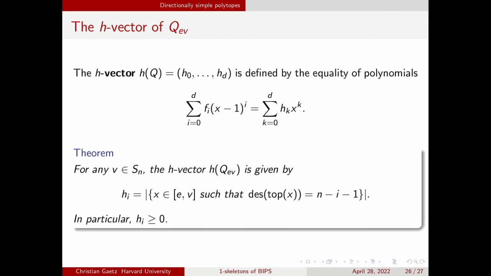And it's well known that the h vector of the permutohedron is given by Eulerian numbers. How many permutations are there with a given number of descents? Here we have the same statement, but you have to map each x to the top of its equivalence class before you measure the number of descents. So in particular, these numbers are all positive, which is sort of unusual for a non-simple polytope. And they have this nice interpretation.